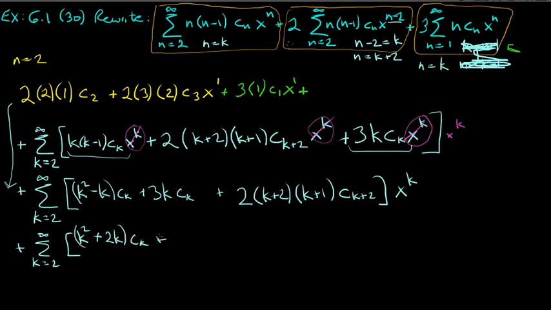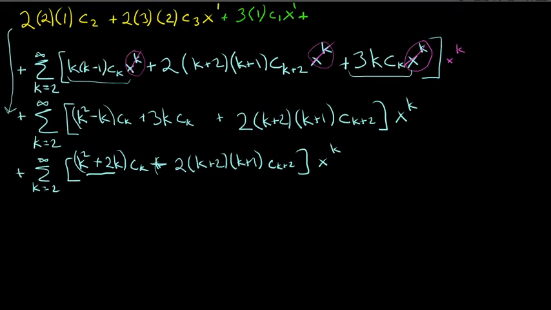And then all of this here, right? So that's a plus 2 times k plus 2 times k plus 1, ck plus 2, all times x to the k. And in fact, we can factor out a k here. I don't know if that's necessary, but let's do it. And let me leave some space for this first. In fact, let's write the first term here. What's the first term?